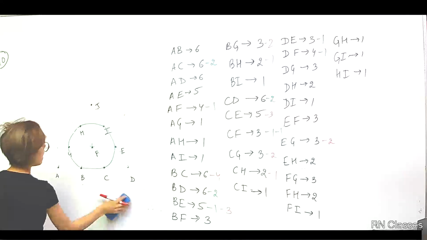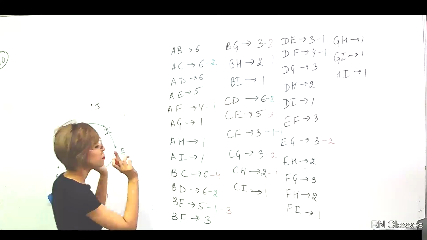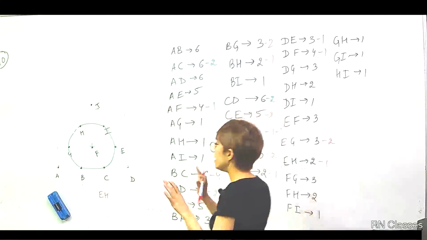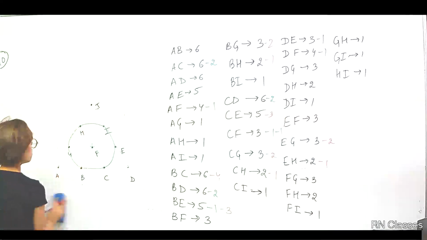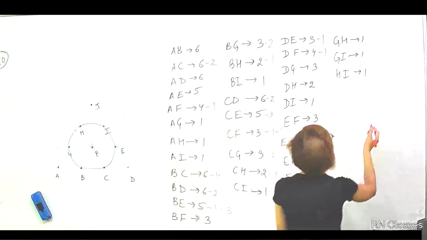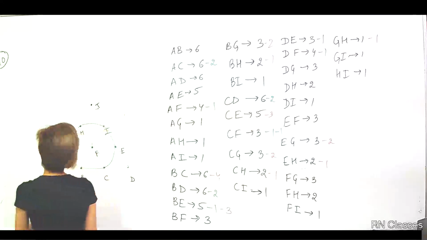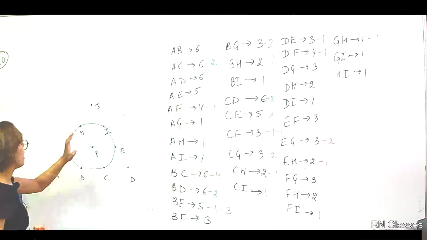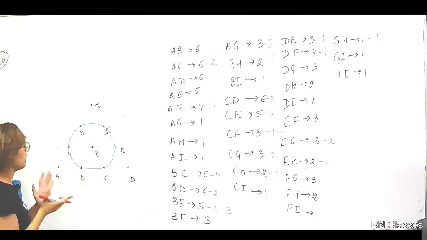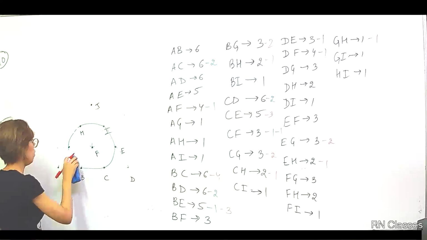Then EH just 1. And EI nothing. So GH 1, GH minus 1. GI must not have been counted, and HI must not have been counted either, so that is okay. So we've exhausted this case as well. This circle is also done now.